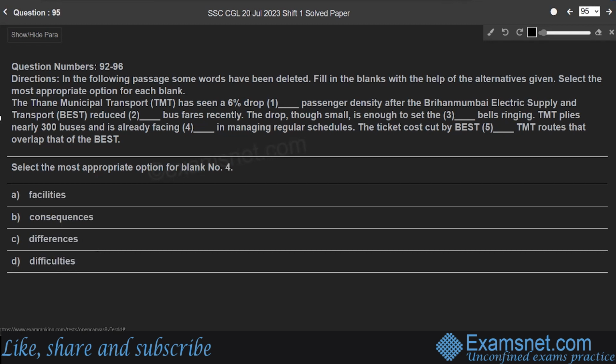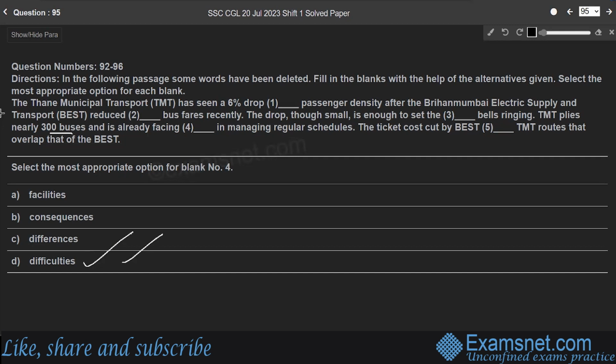Moving further, question 95. TMT plies nearly 300 buses and is already facing difficulties in managing regular schedules, right? So option D. Here difficulties means a thing that is hard to accomplish, hard to deal with, or hard to understand, right?